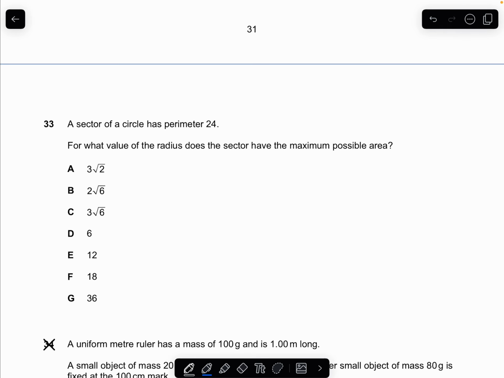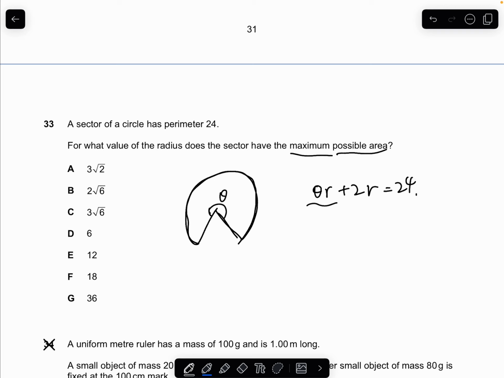So parameter 24, okay? Maximum possible area. Let's assume that it will be something like this with this theta. So theta r is the parameter of the arc plus 2r equals 24, and we write down the area.